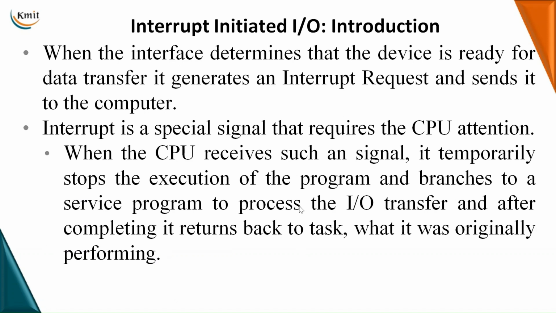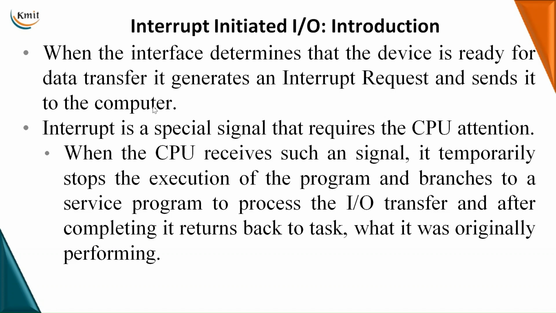Whenever the interface unit of a device determines that the device is ready for the data transfer, it generates an interrupt request and sends it to the CPU. An interrupt here is a special signal that requires the intervention or attention of the CPU.